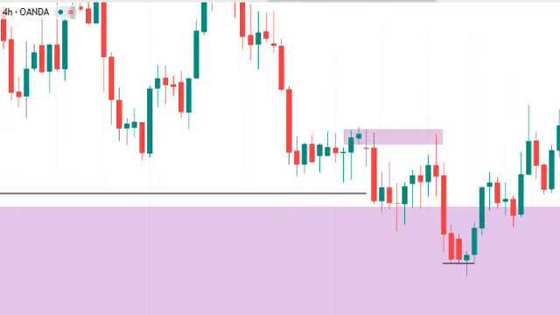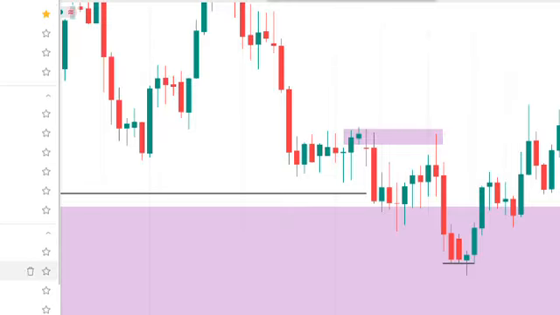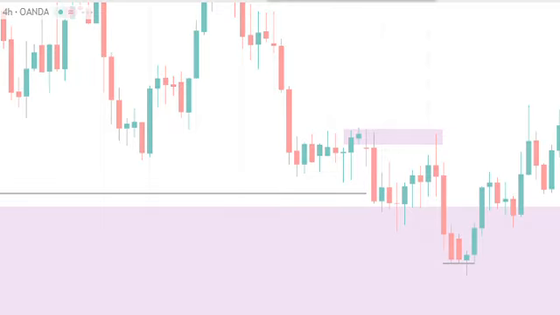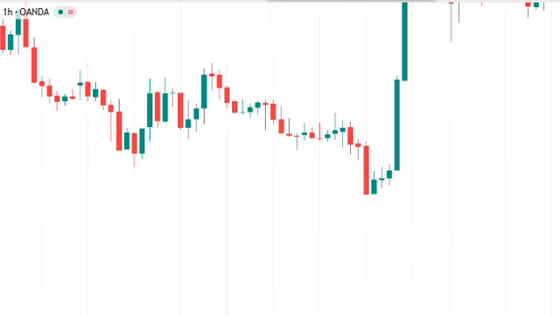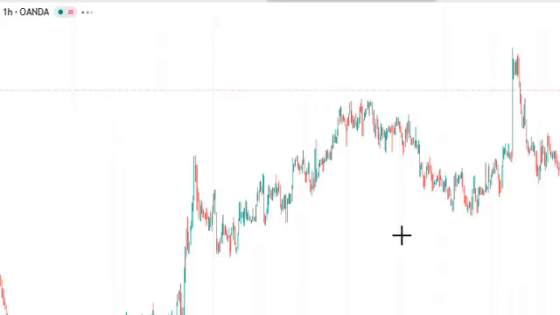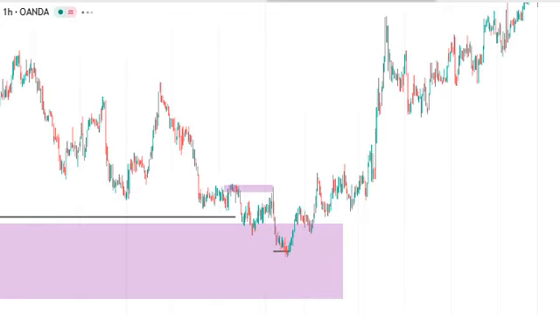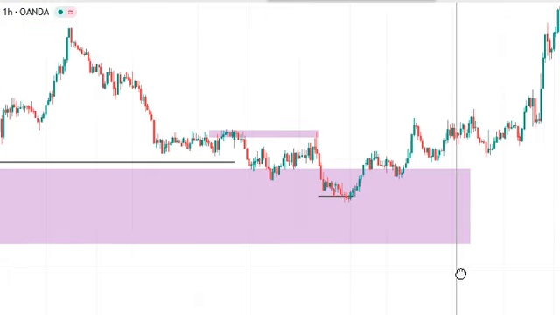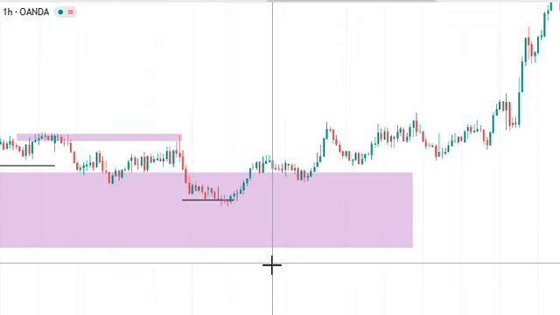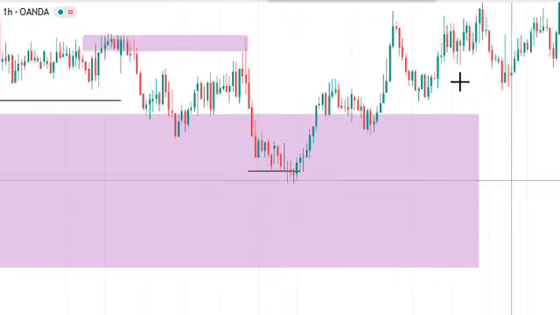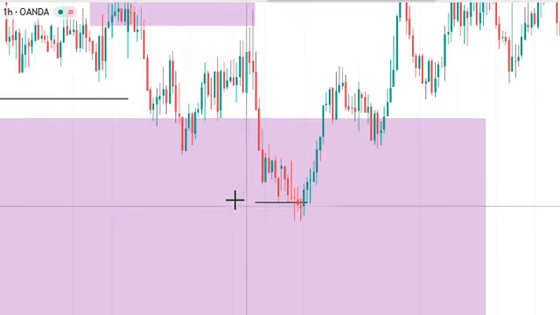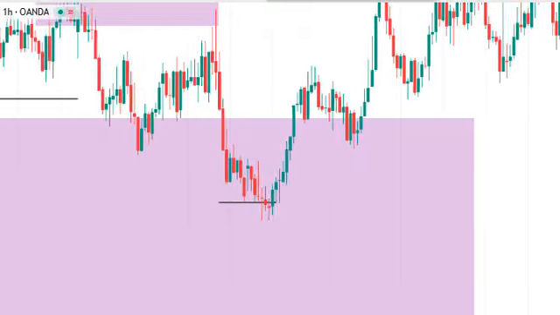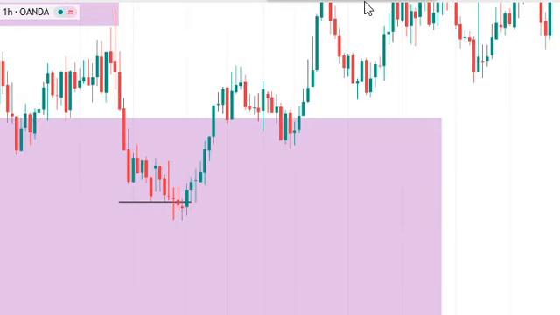On my lower time frame, the 1 hour charts, we find out that after it broke a little bit of structure right here, it broke structure.